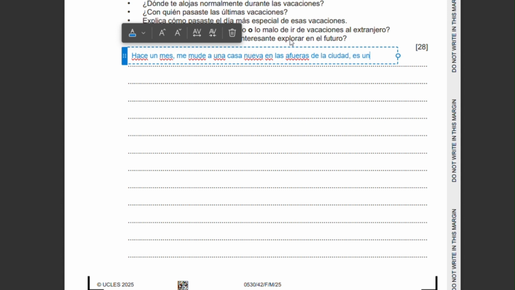Es una casa grande con jardín y está en una zona muy tranquila.